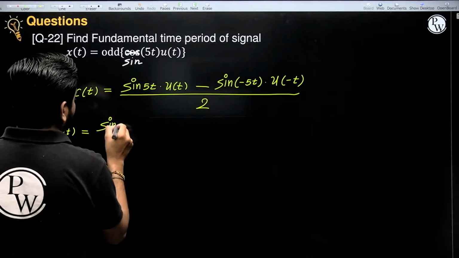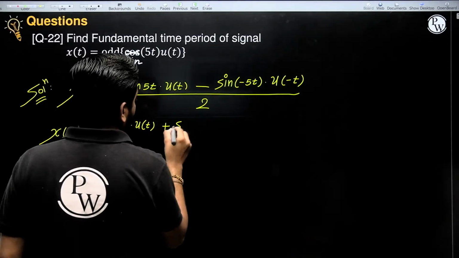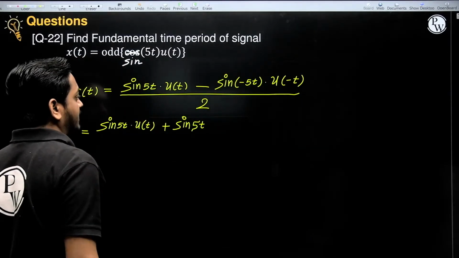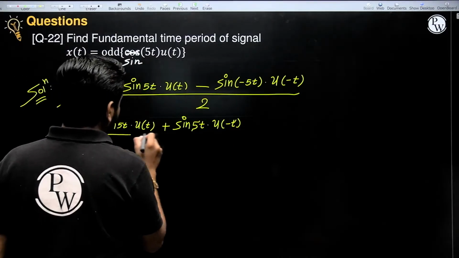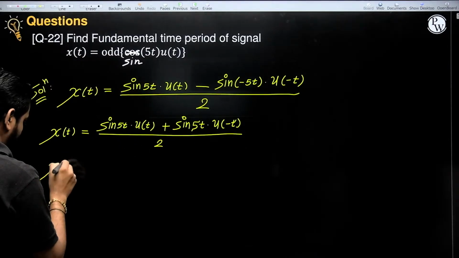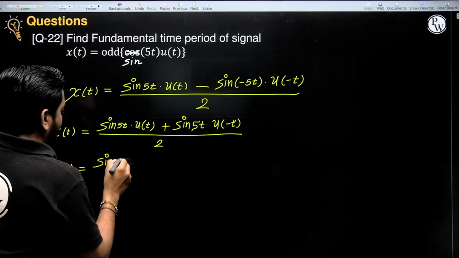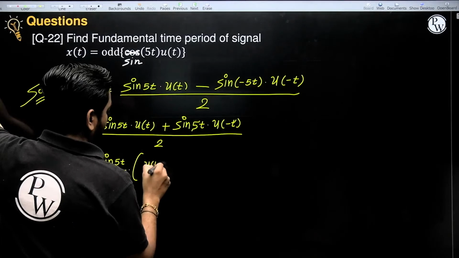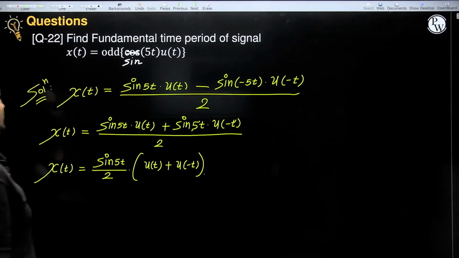Sin 5t of t minus plus sin, it is an odd function, that's why the minus sign comes outside, minus plus, of minus t, whole divided by 2. x of t is equal to again sin 5t by 2 common, times u of t plus u of minus t.